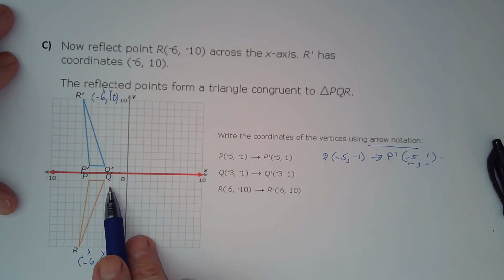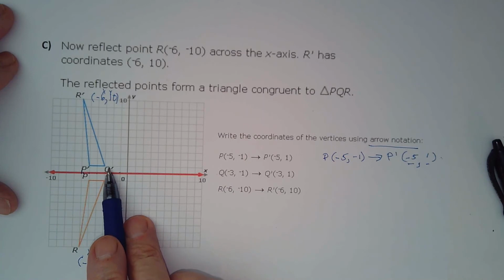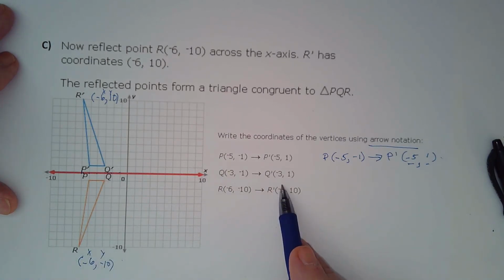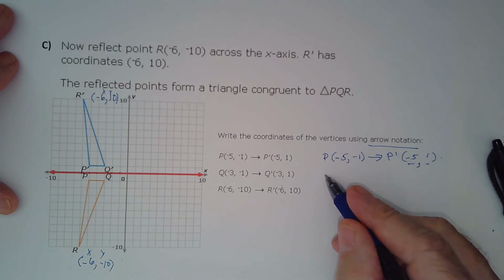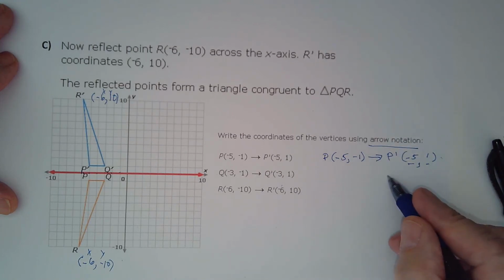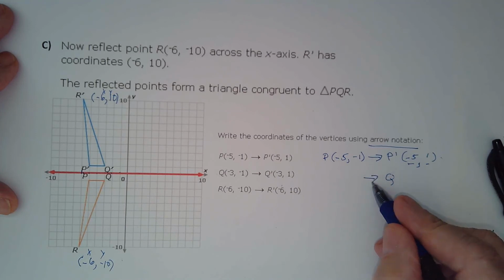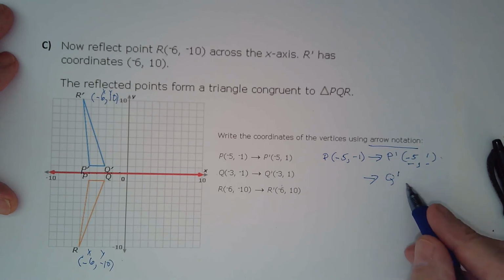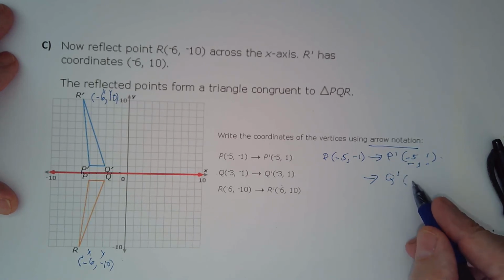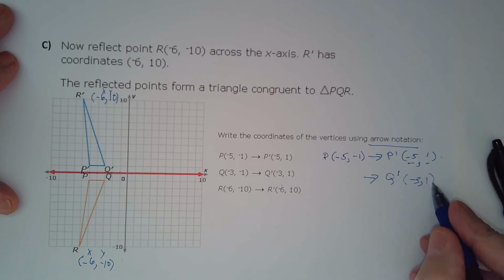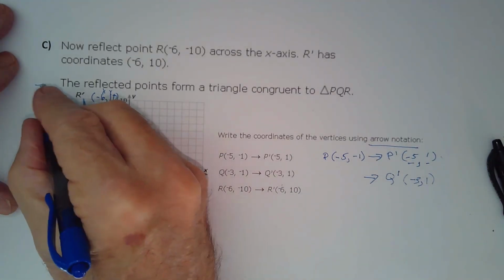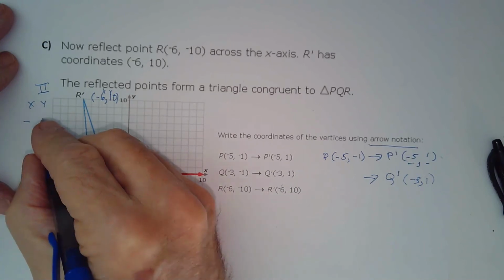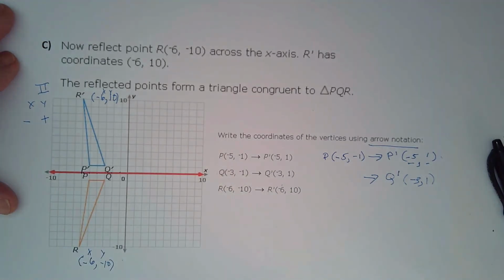And Q prime across the x-axis there, the y is now positive, so Q prime is -3, +1. So you would write this out, and you would put Q prime. And you make sure you show the little prime tick mark there. And we said -3, +1, because we are in quadrant 2, where x is negative, y is positive. Okay, very important.